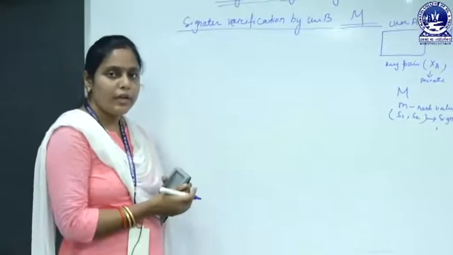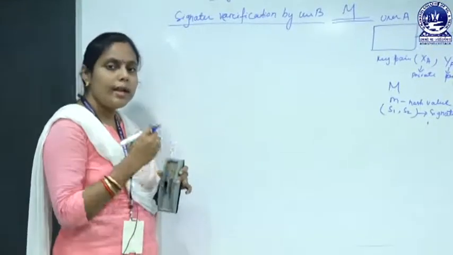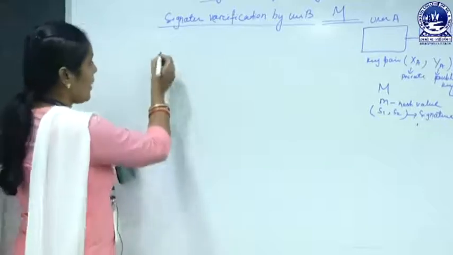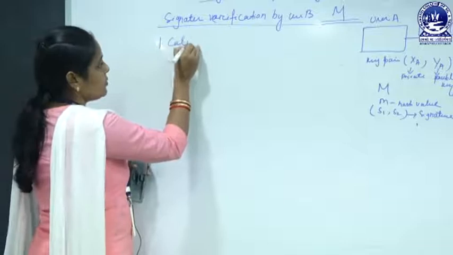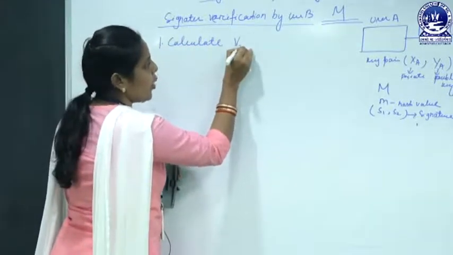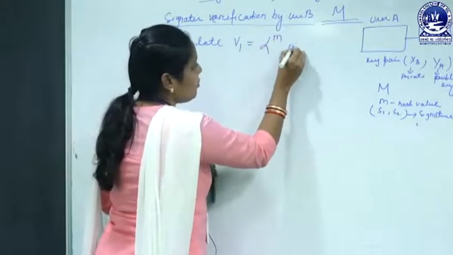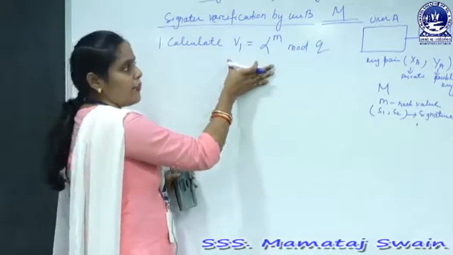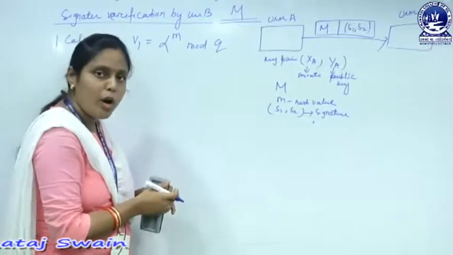When the user B receives the message along with the signature of user A, the user B first verifies the signature. For verifying the signature, first the user B calculates V1, which is equal to alpha to the power m mod q.